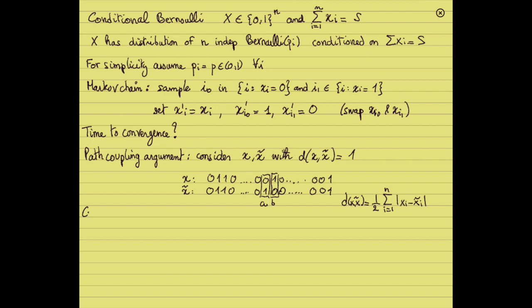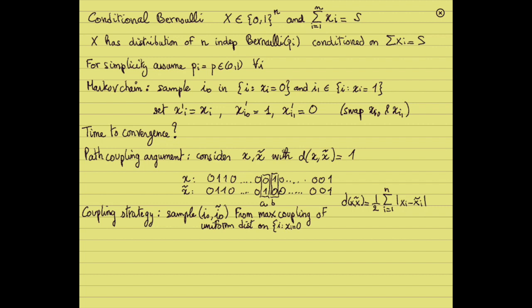So what coupling strategy might we consider in order to obtain a contraction? Well, one of the simplest things we can consider is to try to swap the same locations in x and x tilde. That is, sample a pair of indices I0 and I tilde 0 from a maximal coupling of the uniform distributions on the sets of indices such that x is equal to 0 and x tilde is equal to 0.